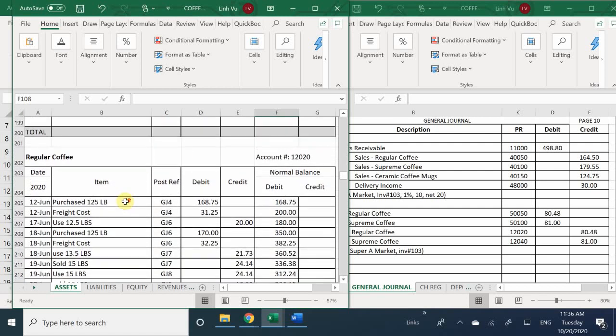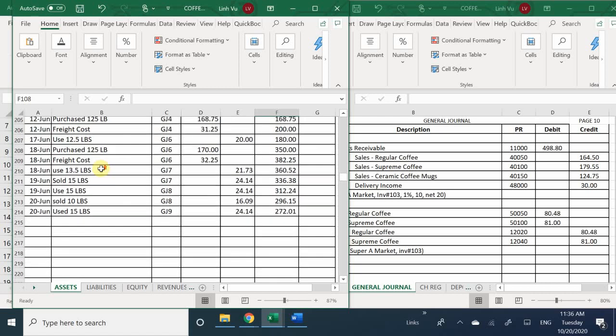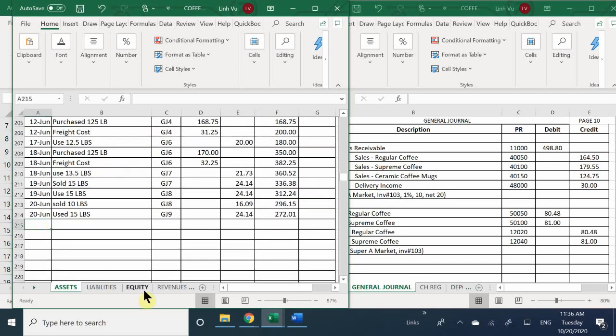So here's my inventory for regular coffee. I sold 50 pounds. Okay, general journal number 10.